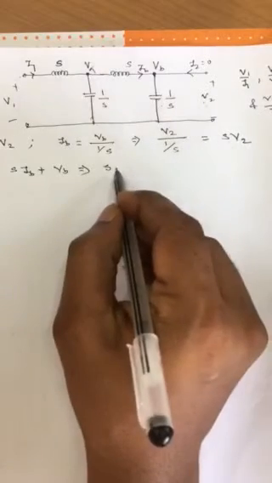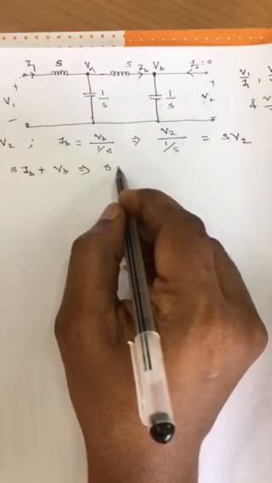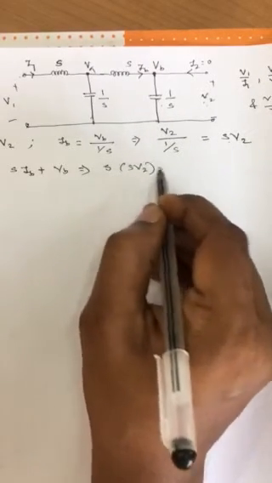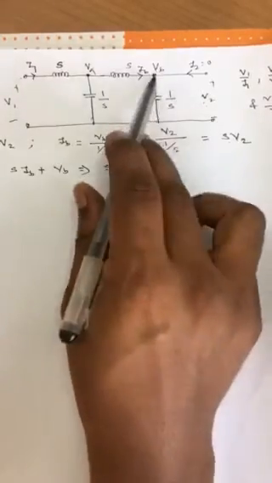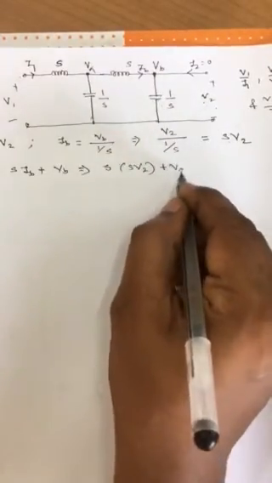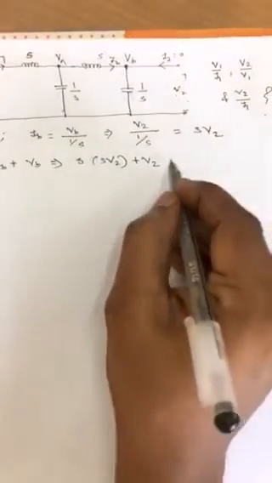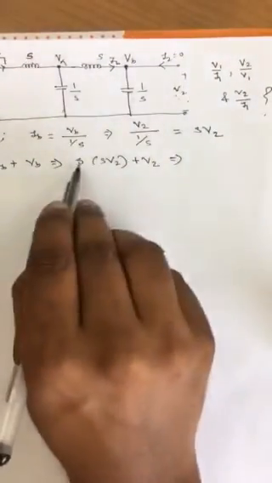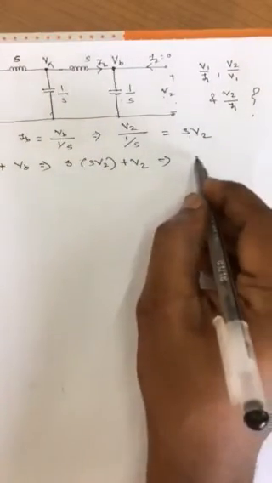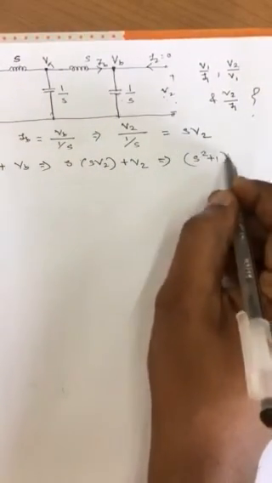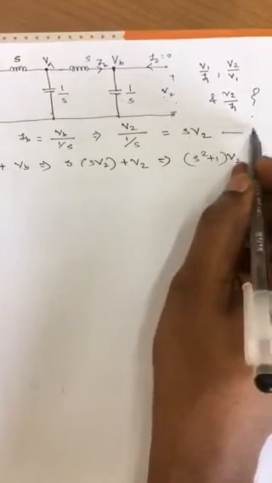IB is nothing but S V2. So S into S V2 plus VB, but VB is nothing but again V2, so write V2 over here. From this equation I can take V2 outside. I will get S square plus 1, with V2 taken outside.